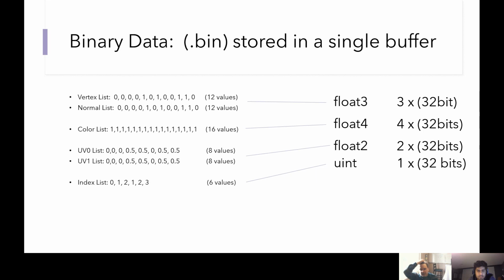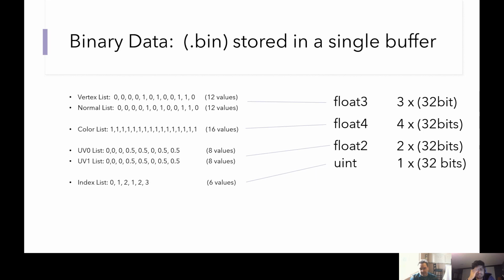So if we're going to store this data, we have to store it in a single buffer. That's a single binary file, and we're going to have to pack it all in there. The first thing we're going to do is split the data into groups by the type of data stored in there, the components it's made of. For vertices and normals, these are groups of 3 values.